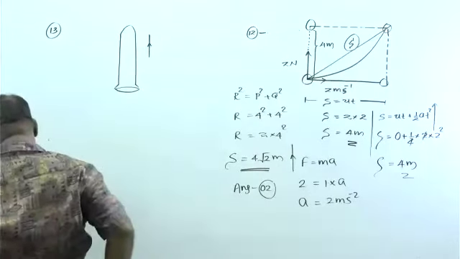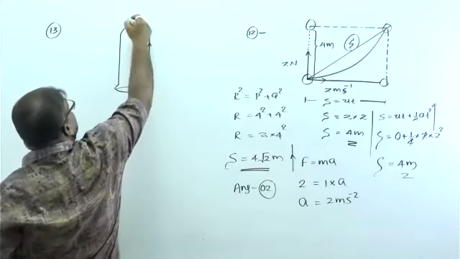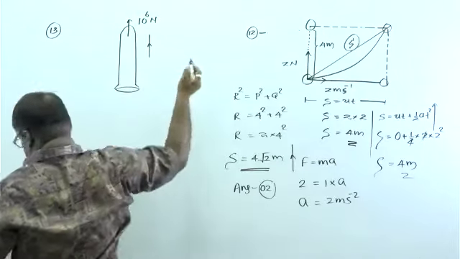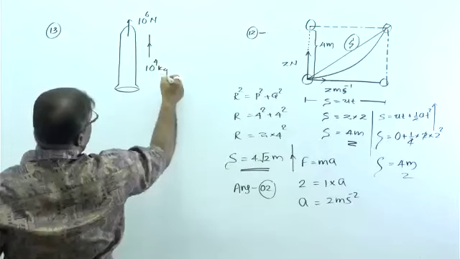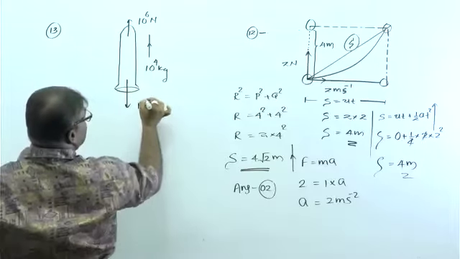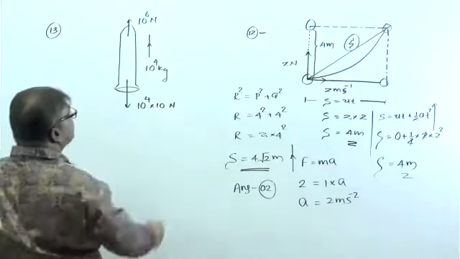The force of 10 to the power 6 Newton is applied upward, and the mass is 10 to the power 4. Many of you forget to mark the weight here. It becomes 10 to the power 4 into 10, that is 10 to the power 5 Newton downward.